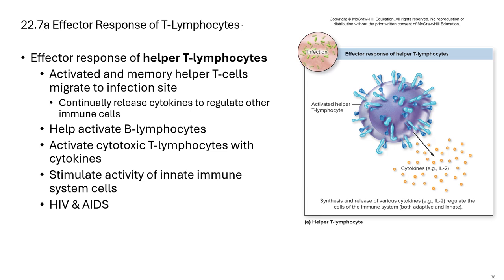So as we talked about, their interleukin-2, those cytokines, are going to go and activate cytotoxic T cells to become activated cytotoxic T cells, but they're also acting to activate our B cells, with our antibody-mediated immunity. So you have to have your helper T cell for the coordination of both parts of the immune system.